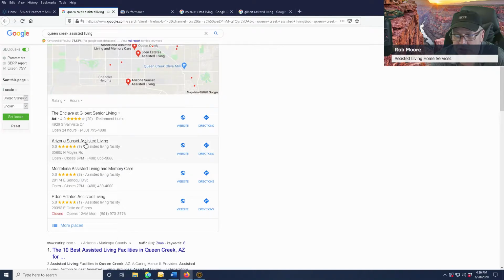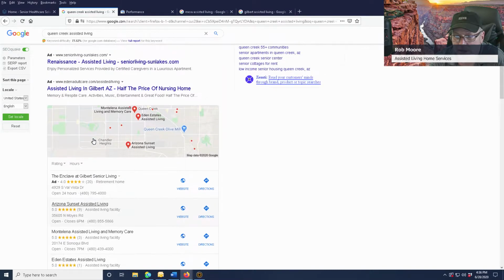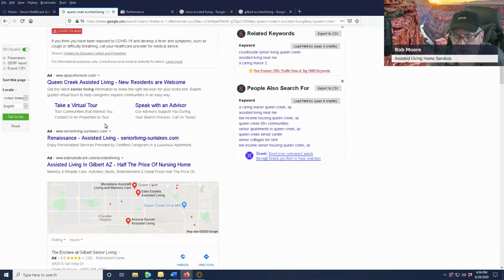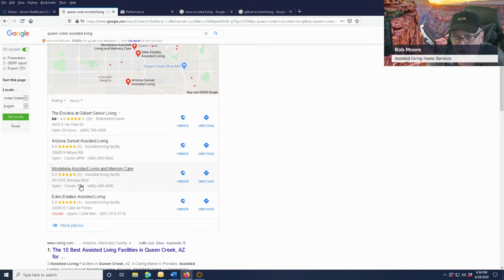So Arizona Sunset Living, assisted living, I think I looked at them in the earlier video. They're doing pretty well because they're being presented in the more generic search criteria, Queen Creek Assisted Living. So good on them. Montalina's doing well. Eden Estates.